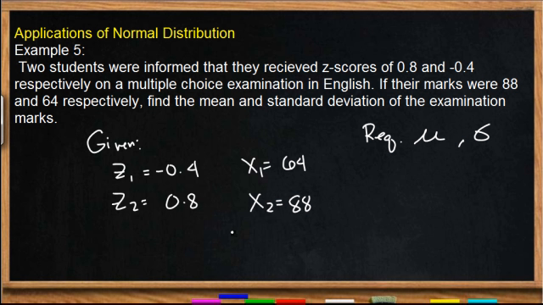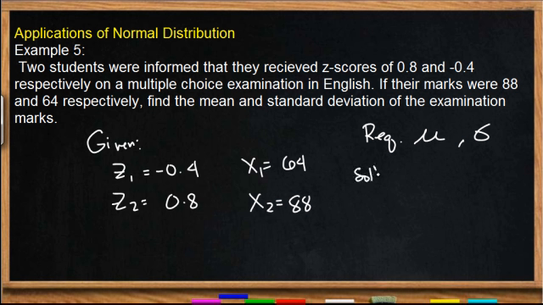So, unsaon pagkuha sa mu ug sigma, kung gihatagan ta og Z ug X? Duha ka unknown, so dapat makakuha tag duha ka equation para ma-relate ang duha. Diba, 2 equations, 2 unknowns, ma-solve na. So, ang formula nga mag-relate is just this one.